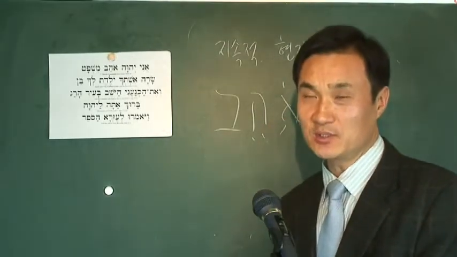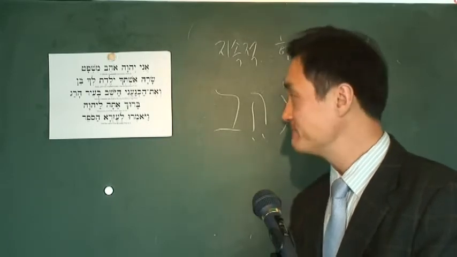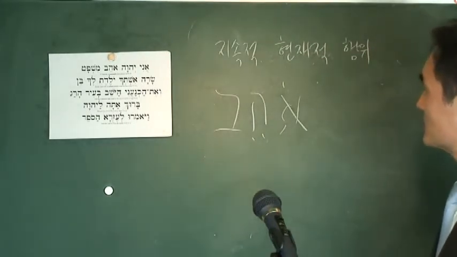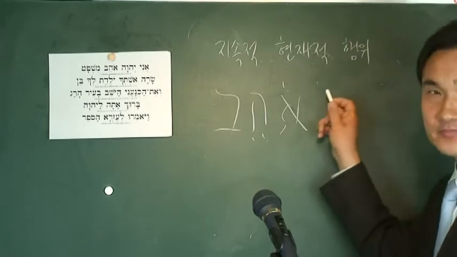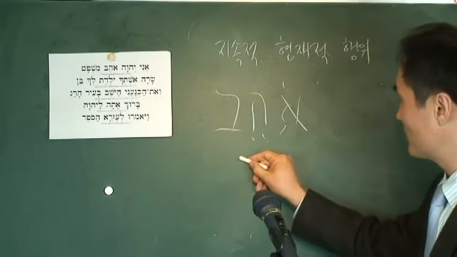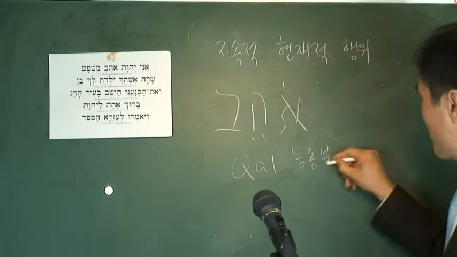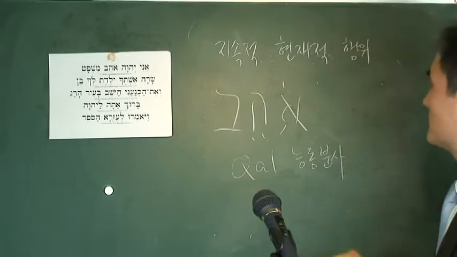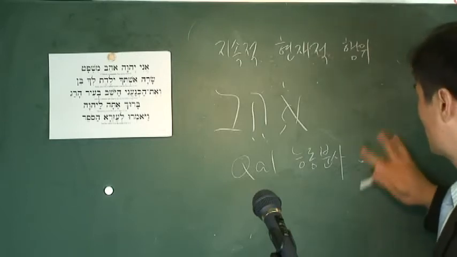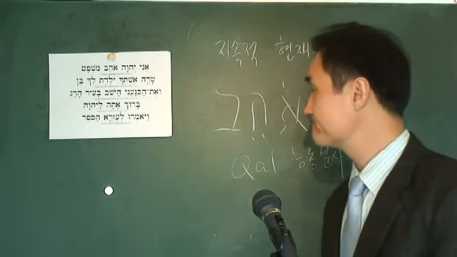The participle oheb is the leading word in the sentence, and it expresses a continuous or ongoing action. Oheb is the active participle of the kal verb, and it is a third person masculine singular.